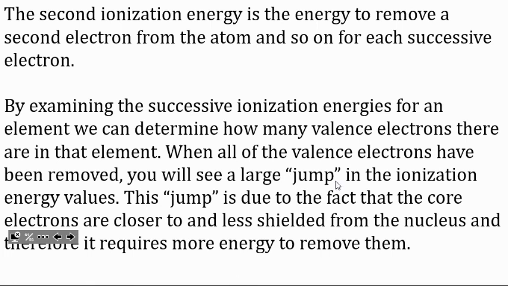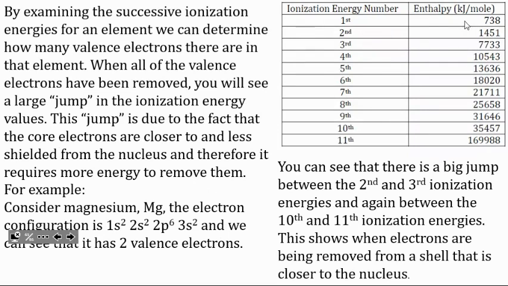Now, when you see a very large jump in these ionization energies, that means that you've pulled all of the valence electrons off and you're back to a noble gas configuration. So that's what you're looking for. Now, how does that look numerically? Here, we have a very large jump where?